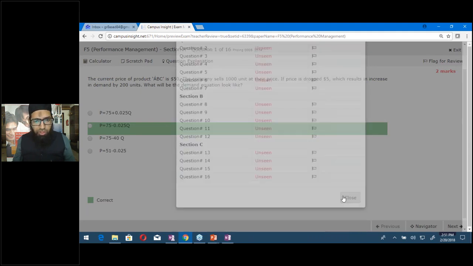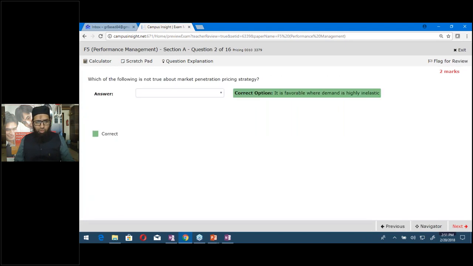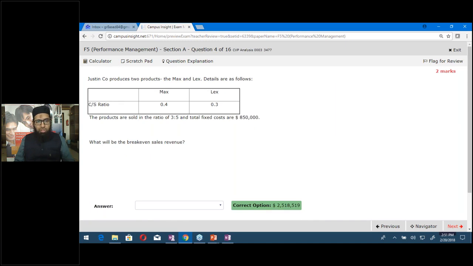So the first question is on pricing. The second question is also on pricing. The third question is on limiting factor. Fourth is also, yes, from the fourth question, this is the topic of CVP analysis. I'm just looking at these headings.